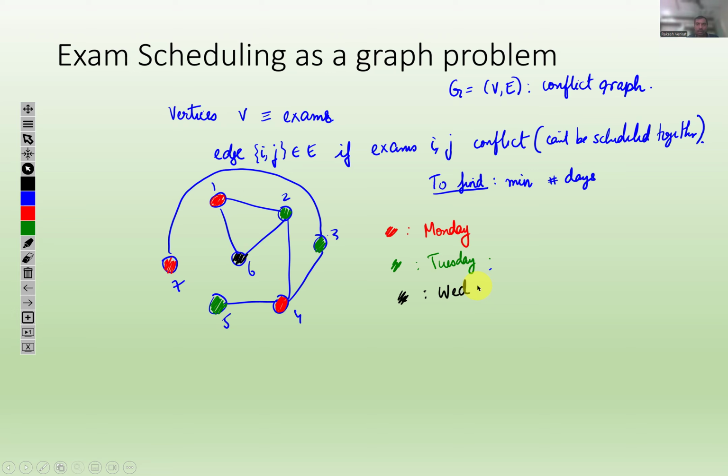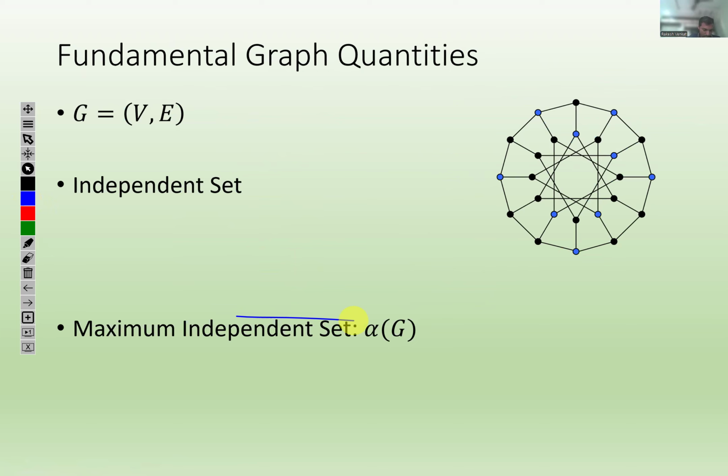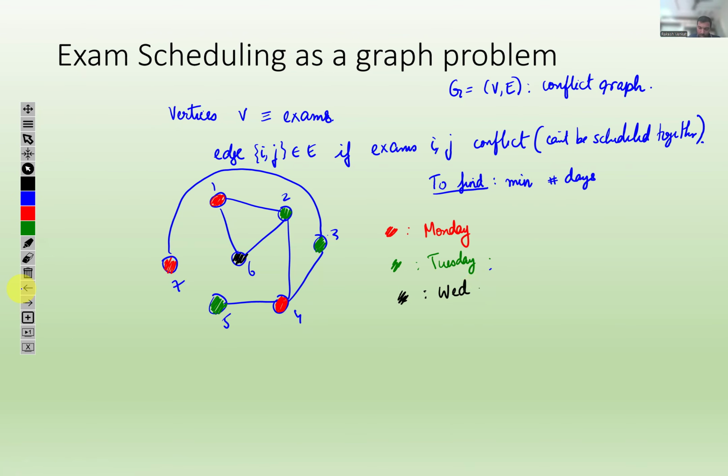Coloring problem? Exactly. So this is an example of a graph coloring problem. It's closely related to the independent set problem. So what we are doing basically is assigning colors to nodes. It's just a different way of looking at what was suggested, such that no two adjacent nodes, when I say adjacent, I of course mean they are connected by an edge, have the same color.